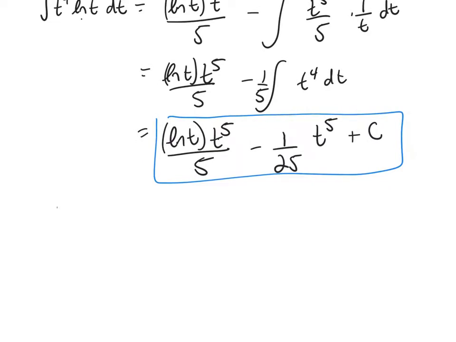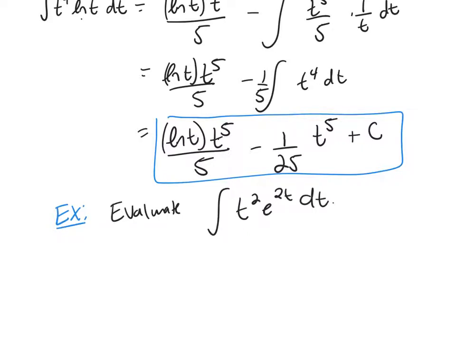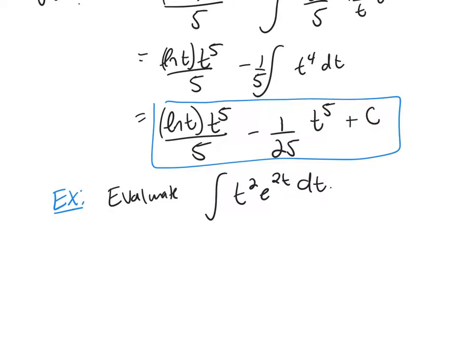Let's look at our next problem we're going to do together. Let's evaluate the integral of t squared e to the 2t. So again, we have two terms here being multiplied, t squared and e to the power of 2t.